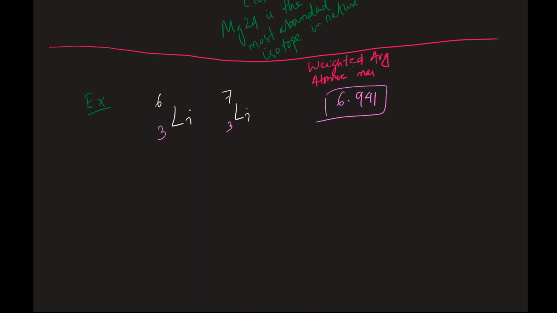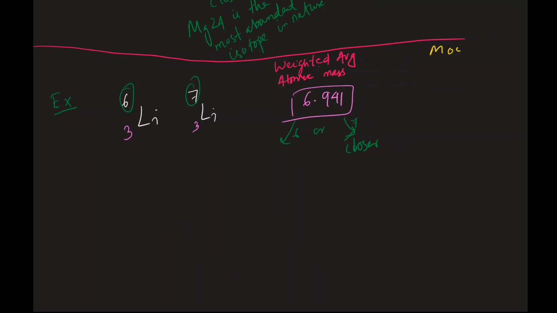You can pause the video now and I'll tell you the answer. 6.94. We have two numbers, 6 and 7. Which one is closer? 7 is closer, right? So the most abundant isotope would be lithium 7.